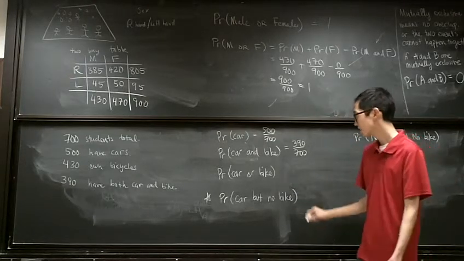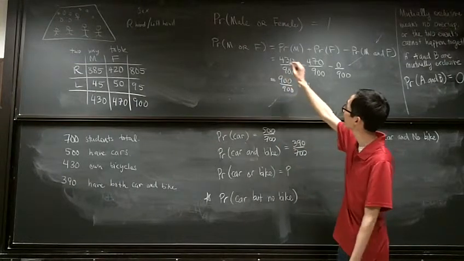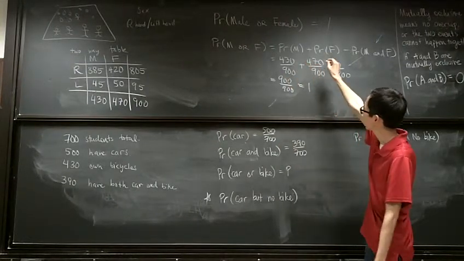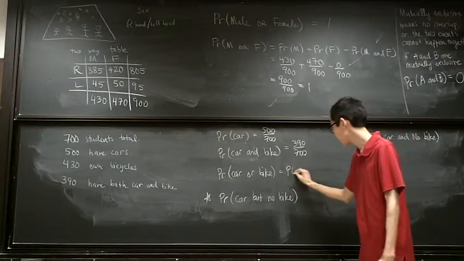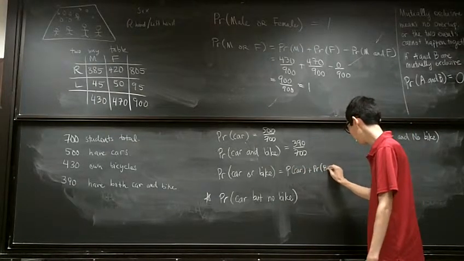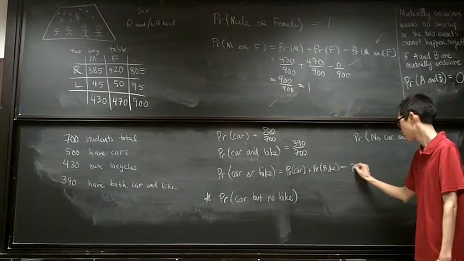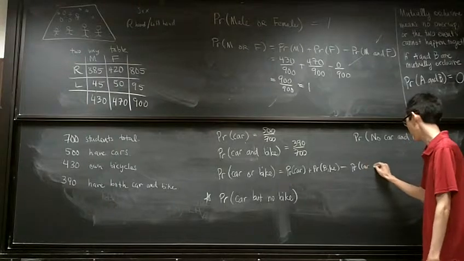Good? Okay, car or a bike. Alright, so this is where we use this thing, right? So it's going to be probability of car plus probability of bike minus probability of car and bike.